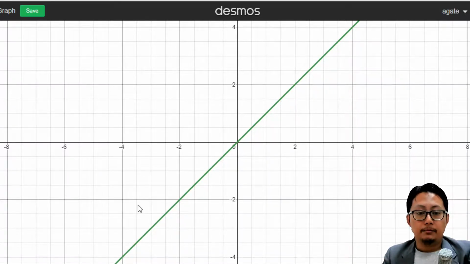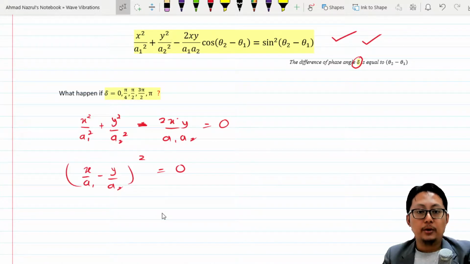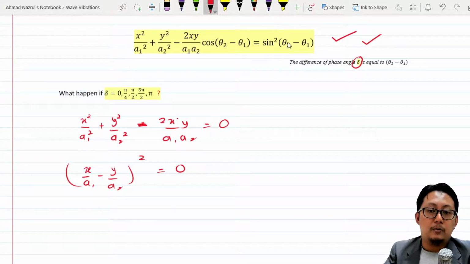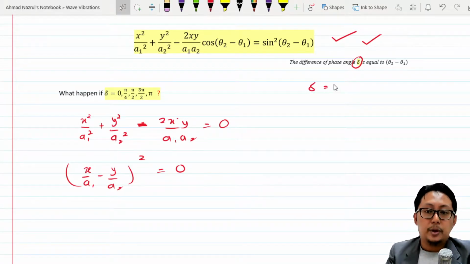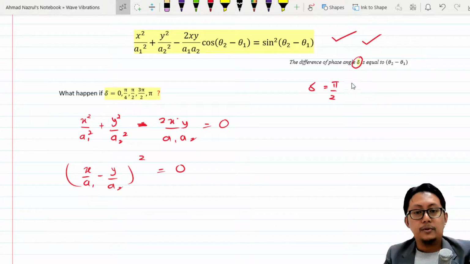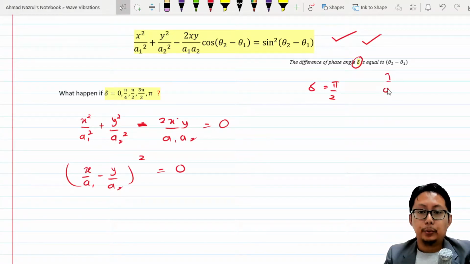Then we continue. Maybe you can take the easiest one, which is pi over 2. If delta is equal to pi over 2, sine pi over 2 will be 1 and cosine pi over 2 will be 0. So you can get here x square over a1 square plus y square over a2 square equal to 1.